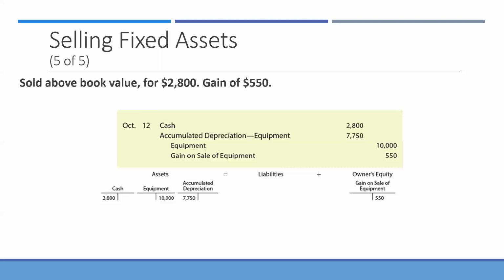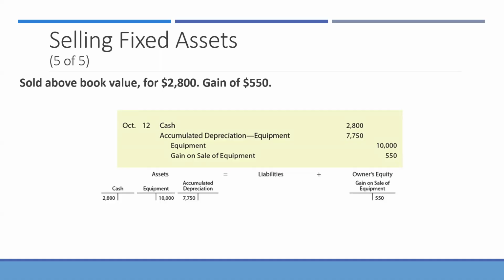And if instead we had to record a gain, the cash received was 2,800, and so our total debits are 10,550, and so our credits also have to equal 10,550.